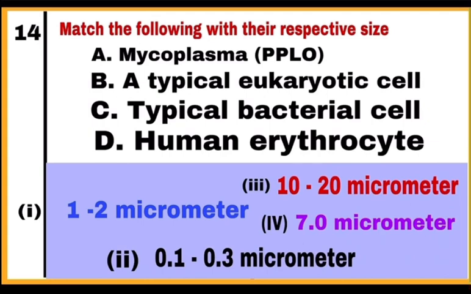C. Typical bacterial cell, it varies between 1 to 2 micrometer in size. And D. Human erythrocyte is of 7.0 micrometer in size. So here A matches with 2, B matches with 3, C matches with 1, and D matches with 4.